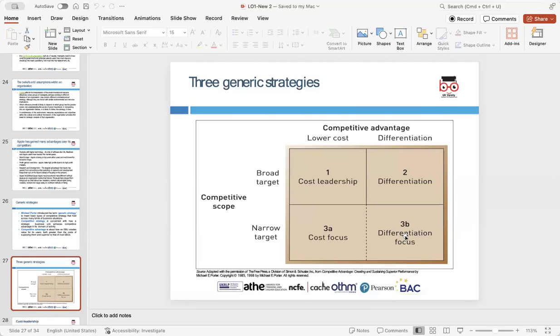So cost focus means offering lower cost products or services specifically for the targeted segments. Differentiation focus means providing unique products or services for the specific segments.